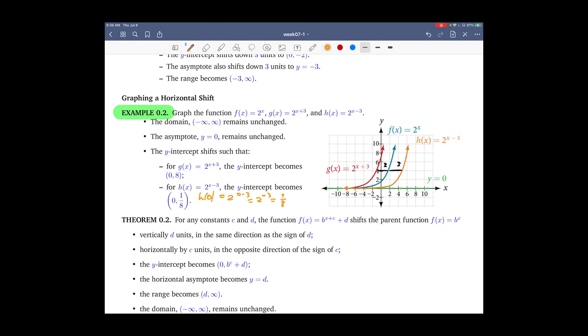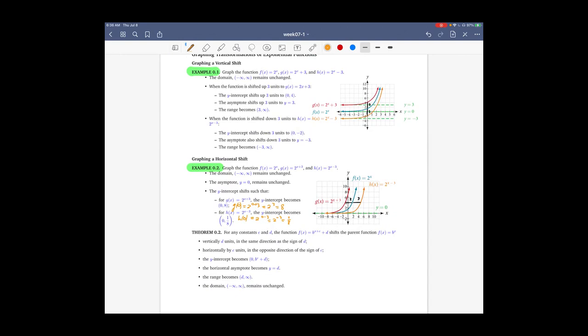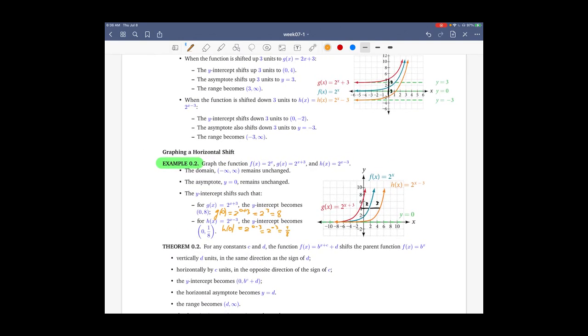Again, that is easy to check if we compute g, which is the red curve, at 0. That's 2 to the power 0 plus 3, which is 2 to the power 3, which is 8. In both examples, all functions are still defined on the entire real line.